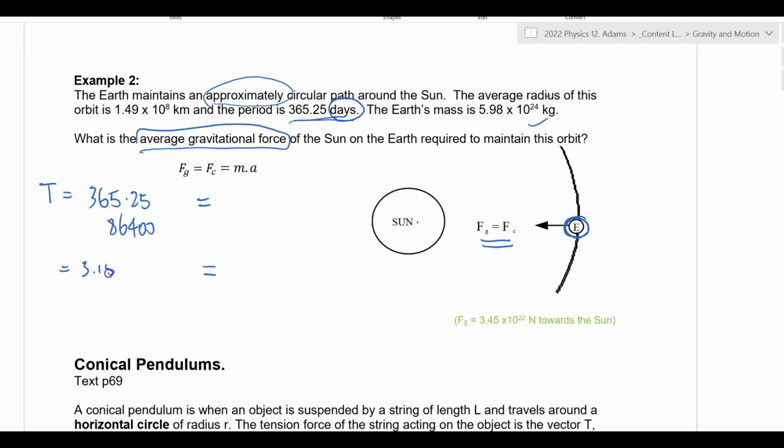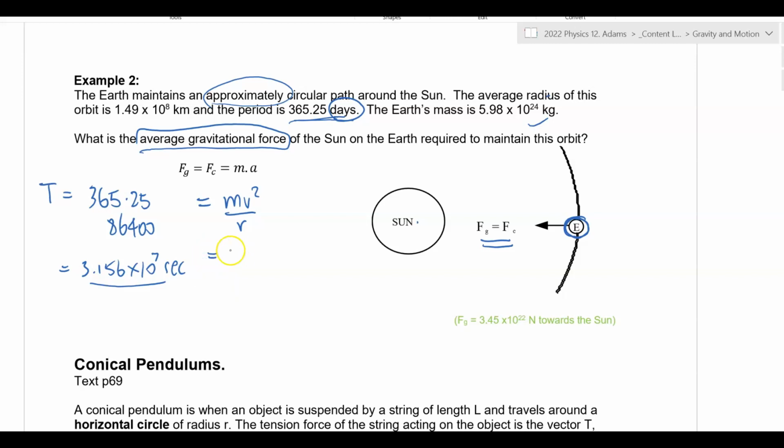So that gives us 3.156 by 10 to the 7 seconds, which is how many seconds there are in a year. Okay, so our centripetal force, or the force of gravity, is mv squared on r, but we don't know the velocity.